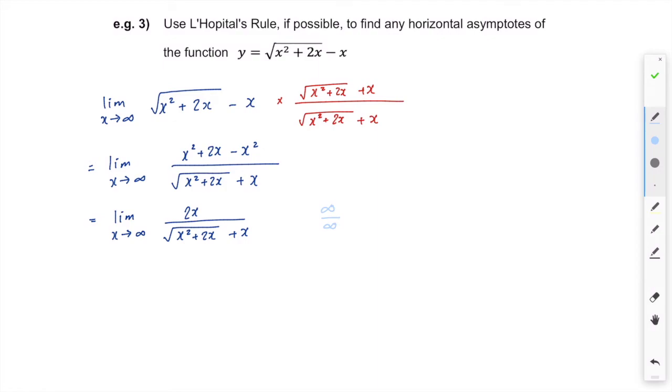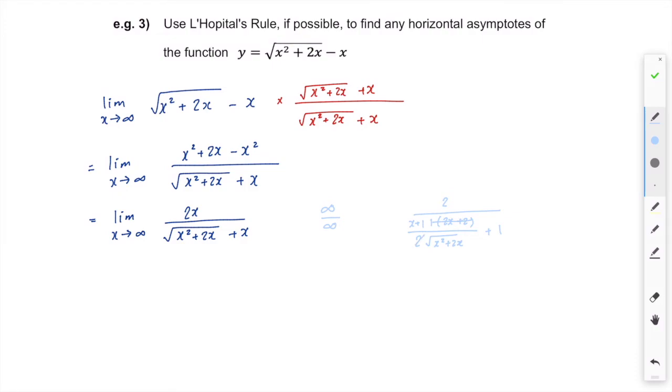Let's think a few steps ahead though. If I use L'Hopital's rule, the top becomes 2. Looks good. What about the bottom part? I'm going to do the rough work on the side here. So I'm going to have 1 over 2 square root of x squared plus 2x, and then I still have to do the chain rule, plus 1, okay? So this first block here is really x plus 1, because the 2 can be cancelled.